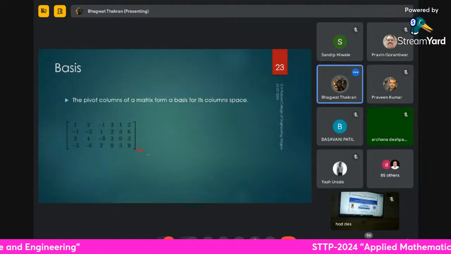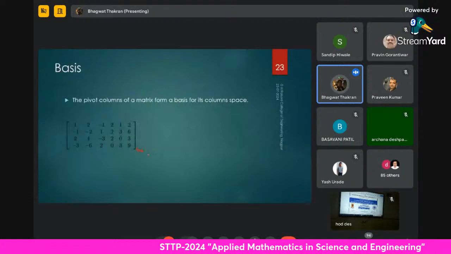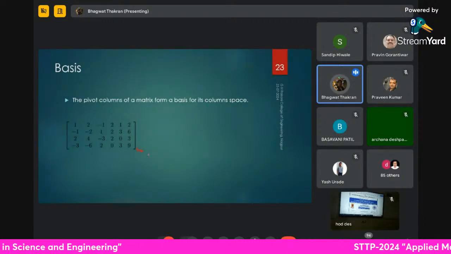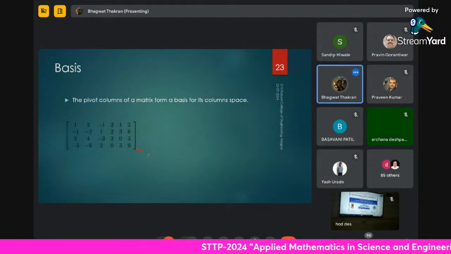What are the linearly independent vectors such that the linear combination of those vectors can generate this 4 by 6 matrix's space?